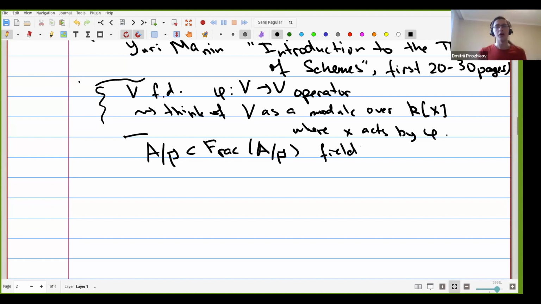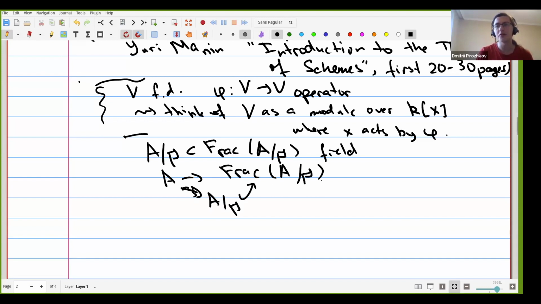So each prime ideal naturally gives us a geometric point in the definition that I gave, because we take a map from A to this ring of fractions as a composition: first we project to the quotient and then we embed it into the ring of fractions. If we ask the kernel to be a maximal ideal, we'll just get a different set of points, and we want the ones corresponding to the prime ideals.